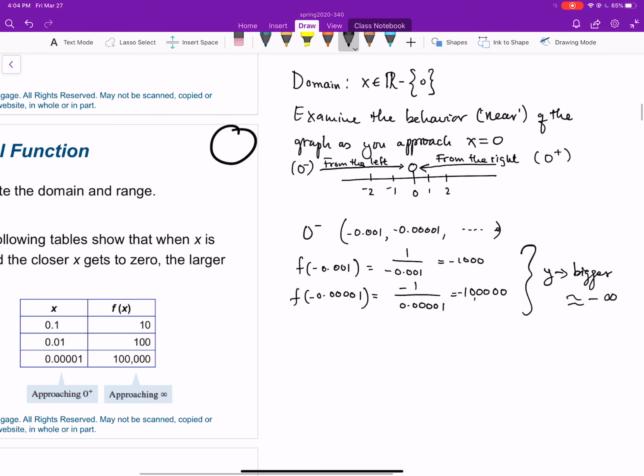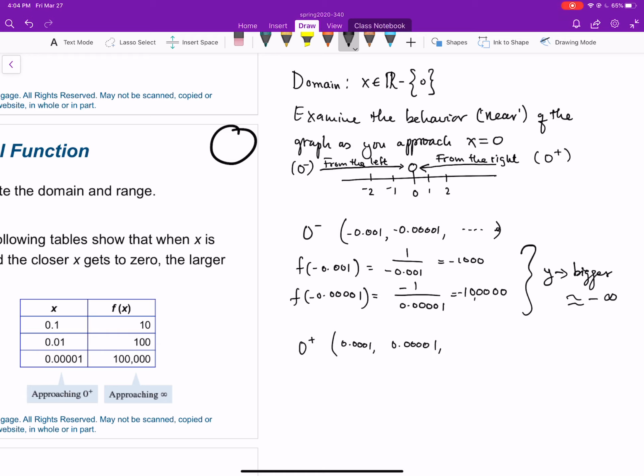Whereas if I tried 0 plus, you could think about it this way. Numbers that are really, really, really close to 0 from the right, you can look at 0.0001, 0.00001.